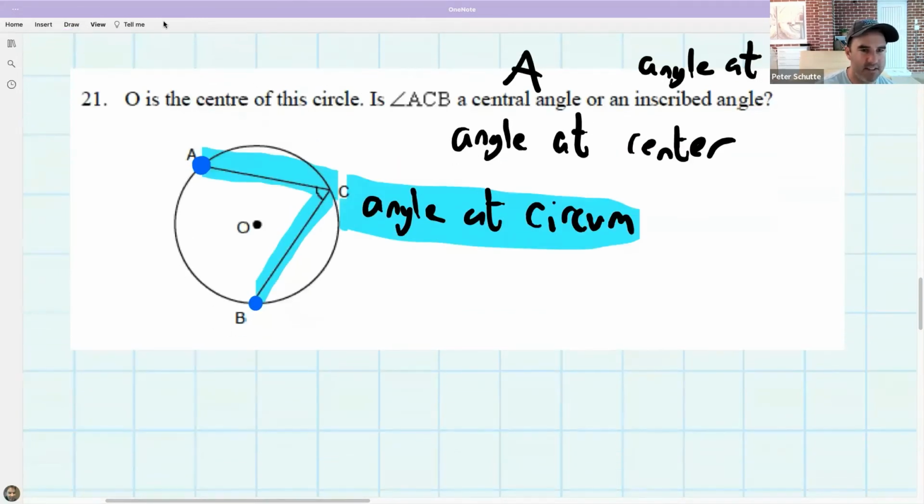Does that kind of make sense? Another word for an angle at the circumference is an inscribed angle. It's inscribed inside the circle. If that helps you understand it, it's made inside the circle, but it doesn't go to the center.